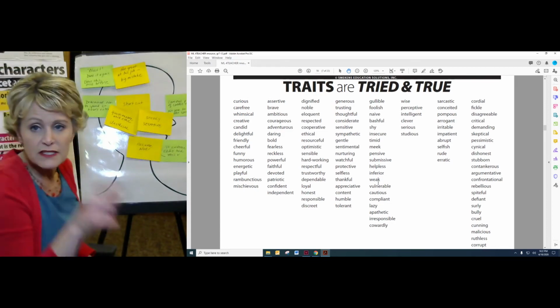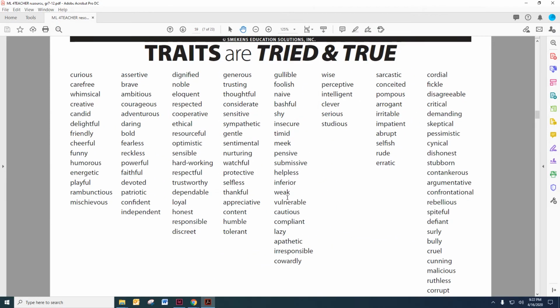Okay, so let's look at this list. Okay, let's pick a category. Funny, cheerful, friendly, no. Brave, bold, fearless, no. Noble, eloquent, respectful, no. Generous, trusting, gentle, protective, no. All right, insecure, timid, are we in any of these?